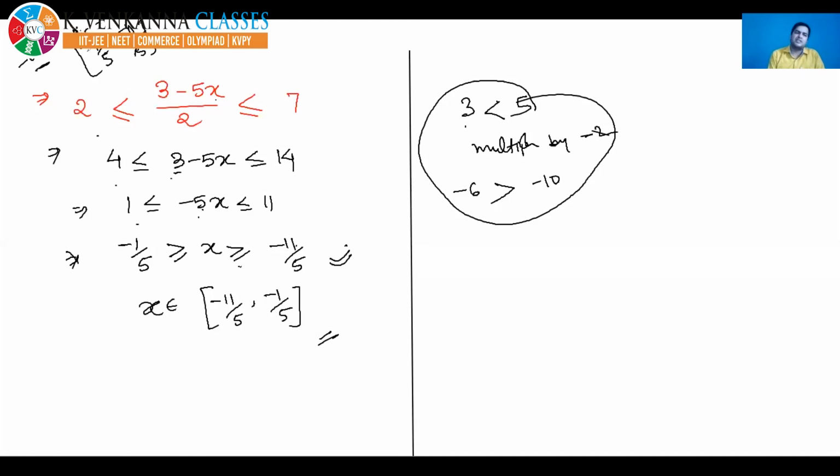So it is smaller, that's why it is wrong. And one important thing you got to know: if we multiply or divide by a negative number on both sides, then the sign of inequality gets changed. Remember this concept. Is it clear or not?